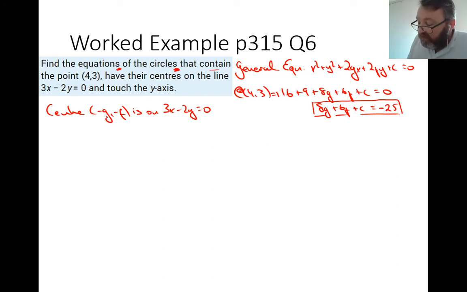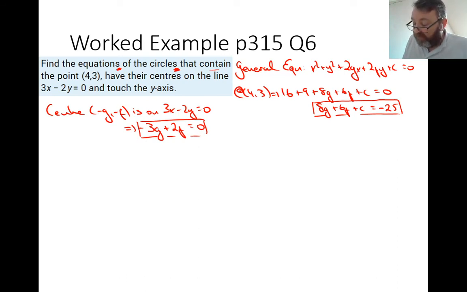If that center is on that line, then I can substitute minus g and minus f for x and for y to give me minus 3g plus 2f is equal to 0. So there's equation number 2, in g and f. Again, minus g goes in here, that gives me minus 3g. Minus f goes in here, that becomes plus 2f, because the signs change, is equal to 0.